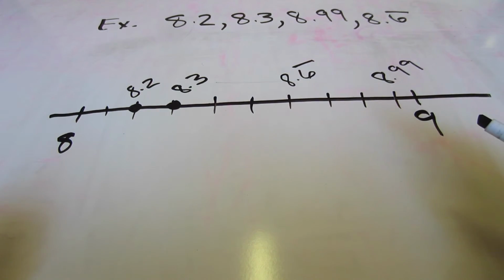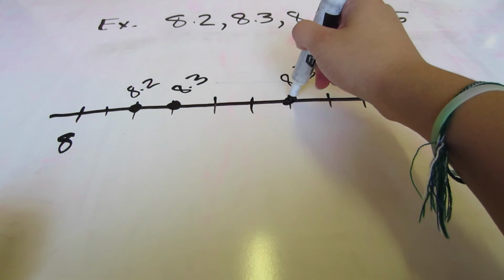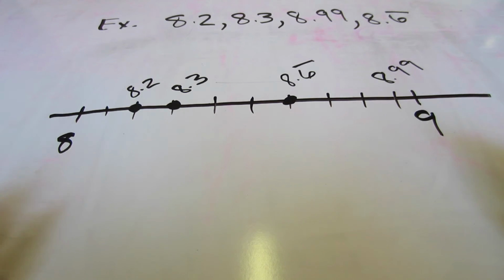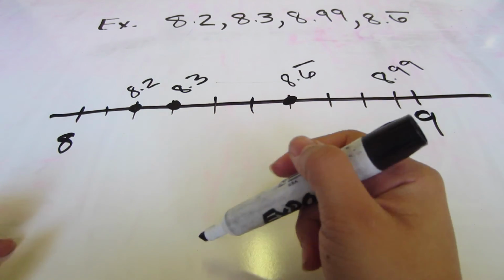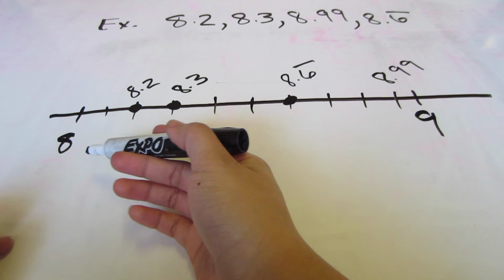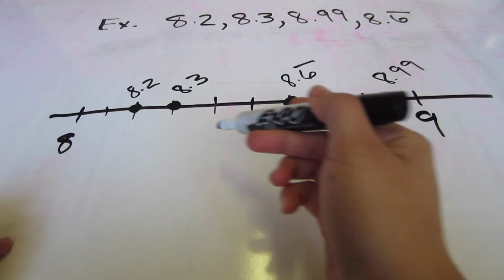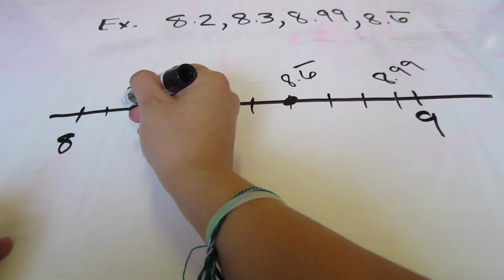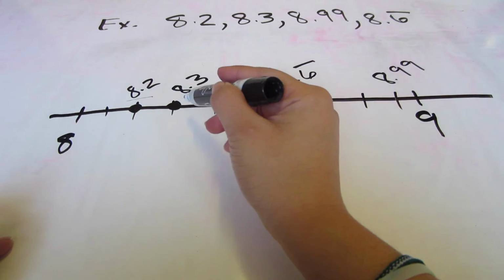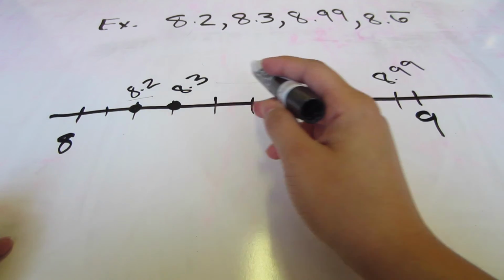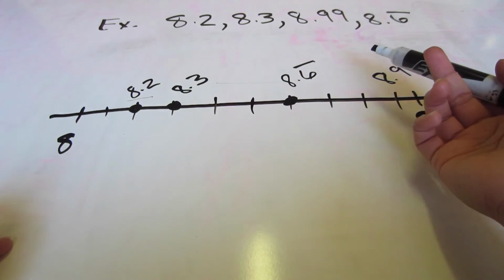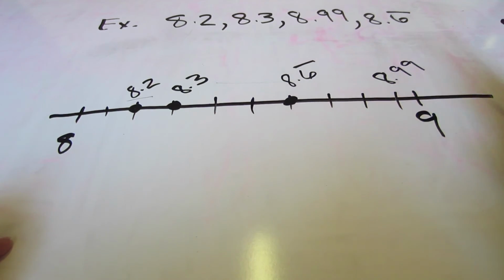So now since we have those in the number line, visually we can see how the numbers are in order from least to greatest. So we can say the smallest, the least is 8.2, then 8.3 follows, then 8.6 follows, and the greatest is 8.9.